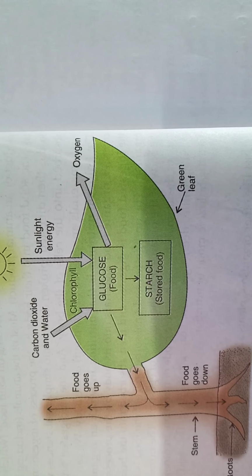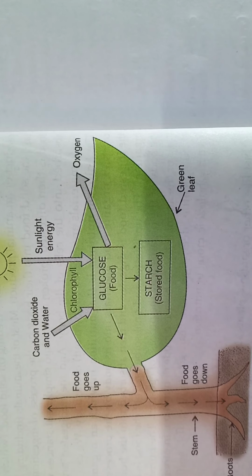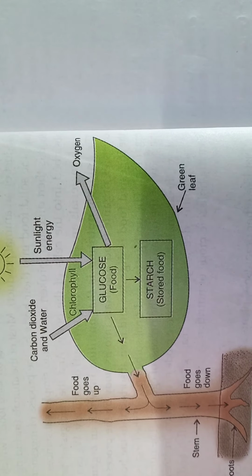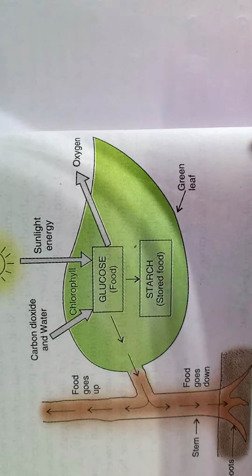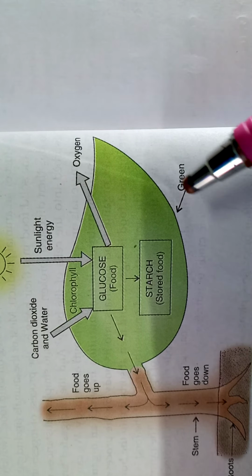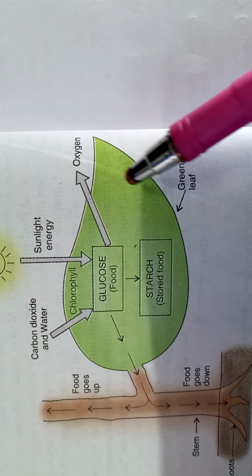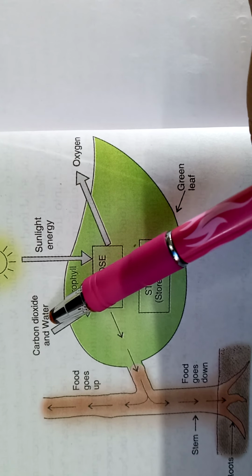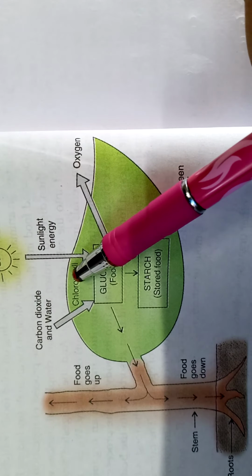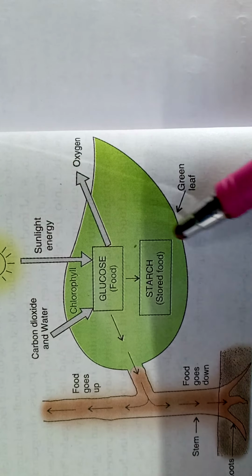The process of photosynthesis takes place in the green leaves of the plant. In other words, food is made in the green leaves of the plant. The green leaves of a plant make the food by combining carbon dioxide and water in the presence of sunlight and chlorophyll.